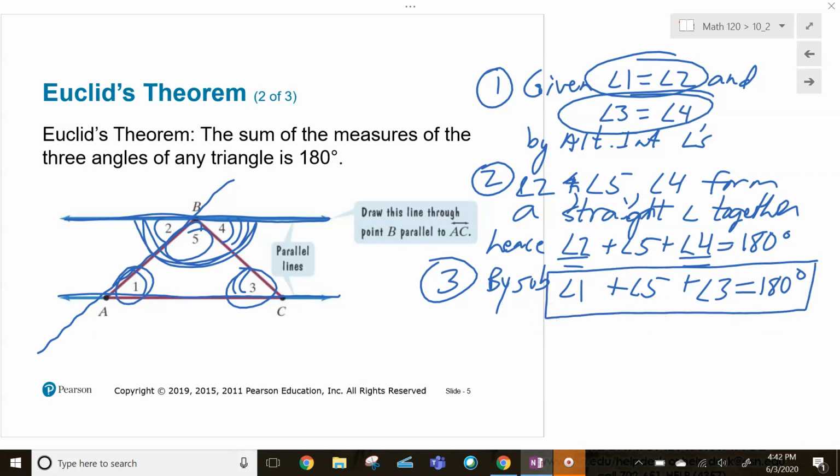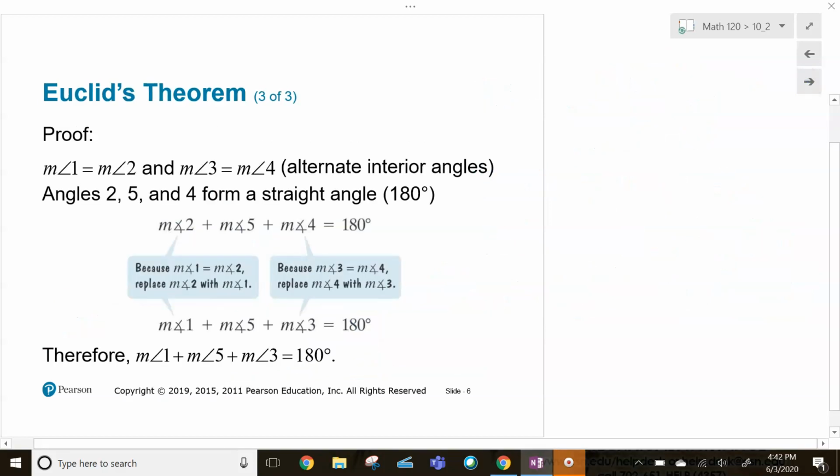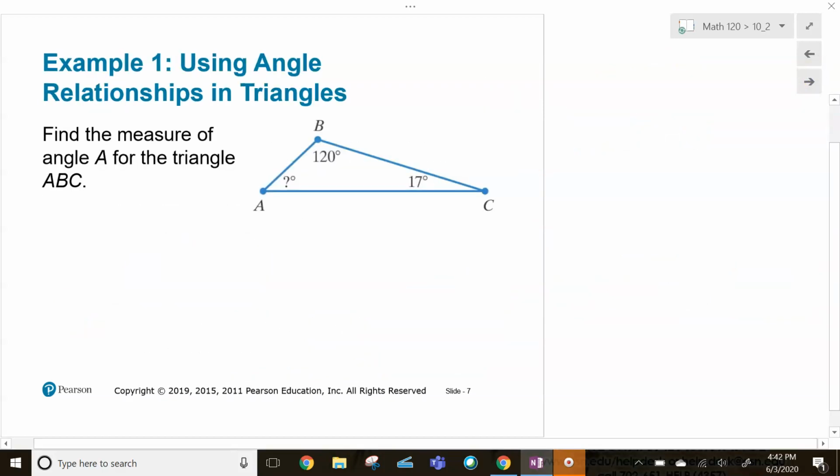So angle 1 plus angle 5 plus angle 3, in other words the interior angles of a triangle, all add up to 180 degrees. That's just an example of a deductive proof for Euclid's theorem.